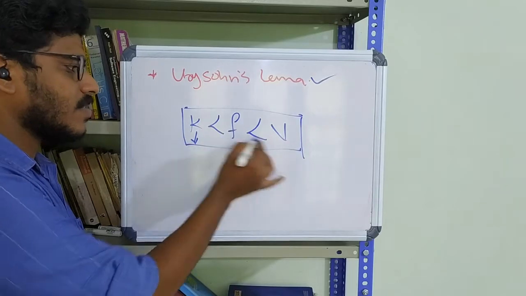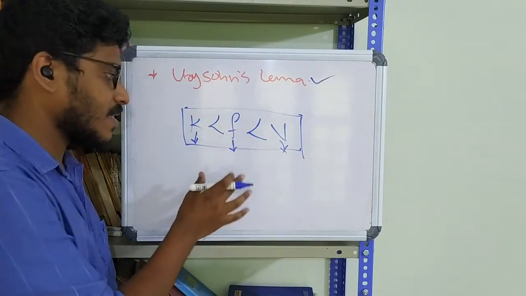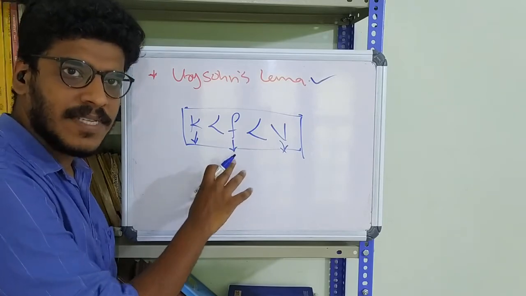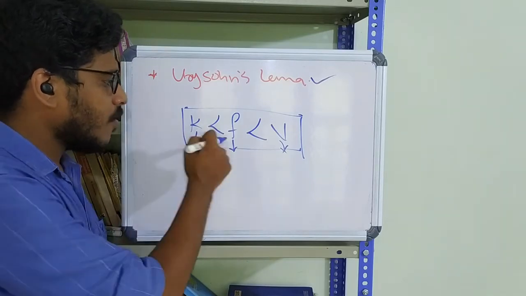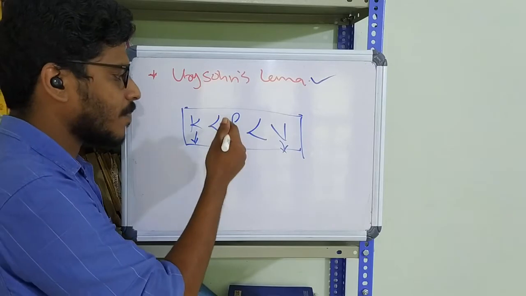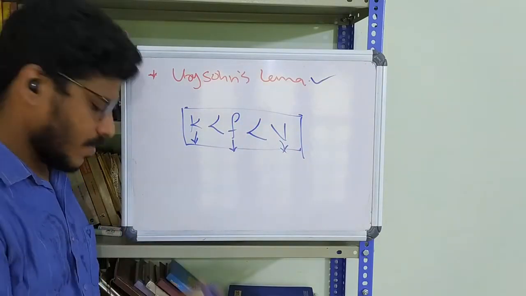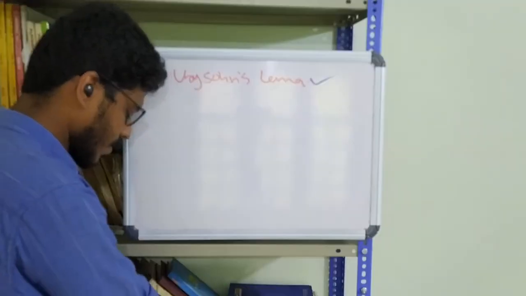So K is a compact set, V is an open set. f is such that, from this expression, f is from CcX. The value of f lies between 0 and 1. And the value of f is identically 1 on K. And the support of f lies in V. Right. Okay, so now let's go to Urysohn's lemma.